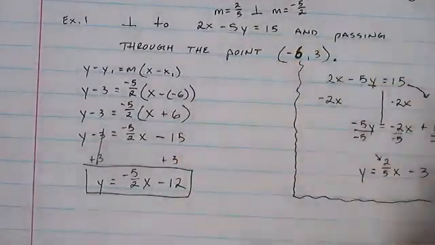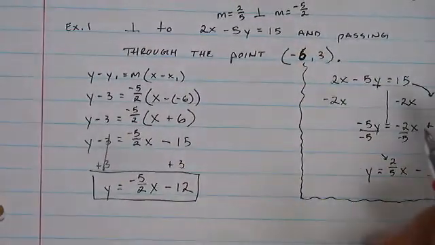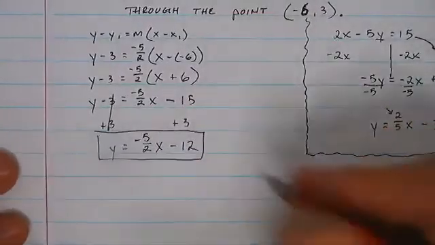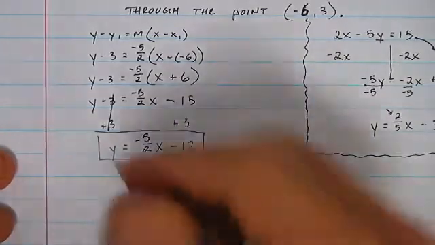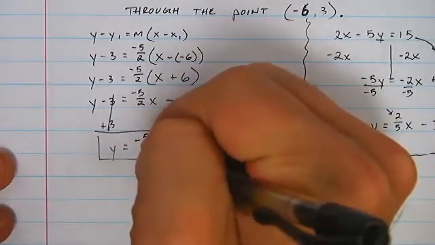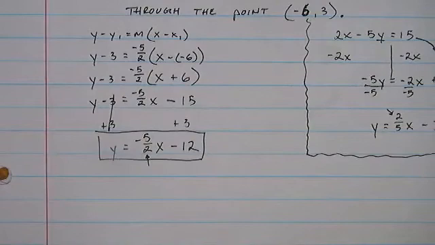Okay. And again, if I need this in standard form, okay, so that was the slope intercept answer, and we want to go ahead and convert it to standard. So if you'll remember converting this to the standard form, we're going to focus on that number right there. We need to get rid of that fraction. So we're going to multiply everything through by 2.